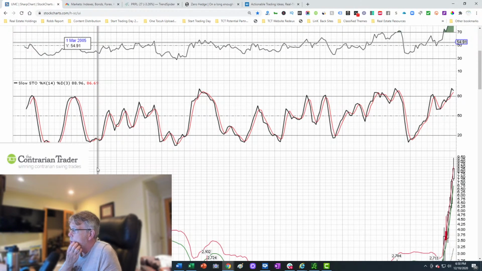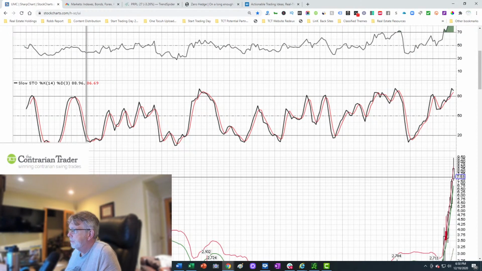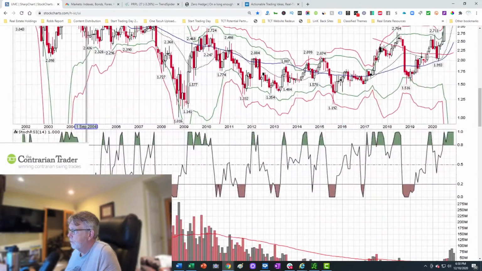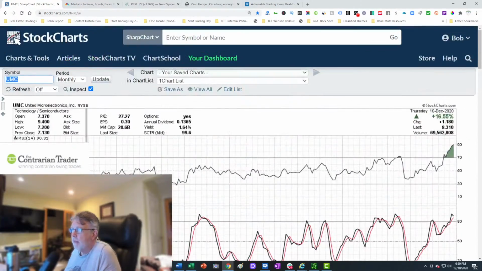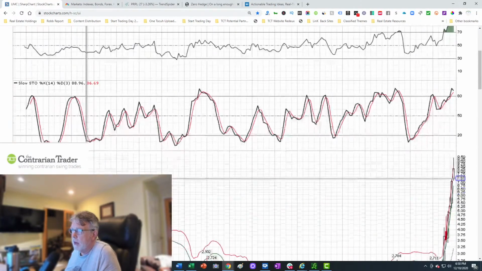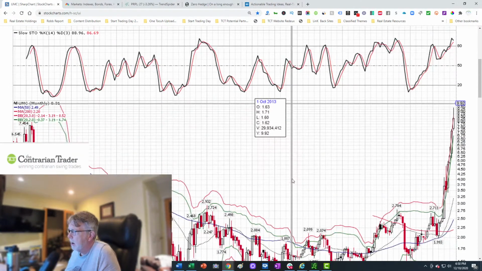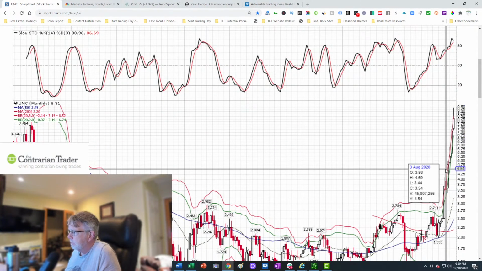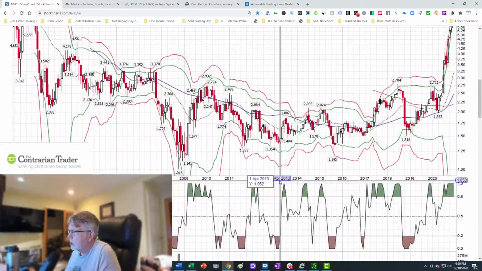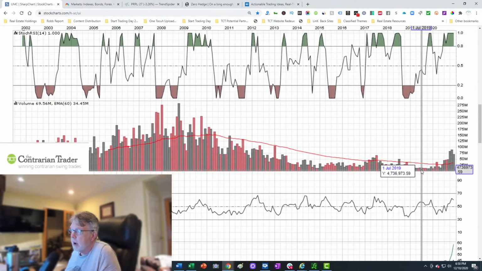This is setting up as a short. Monthly time frame, you have RSI above 90. Yes, it's a micro cap. I get it. Below $10, you can go higher. We're trading above the third standard deviation Bollinger Band. Volume's still good.